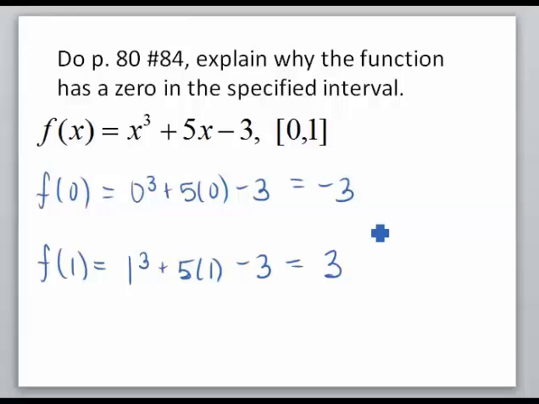It is because of the intermediate value theorem.